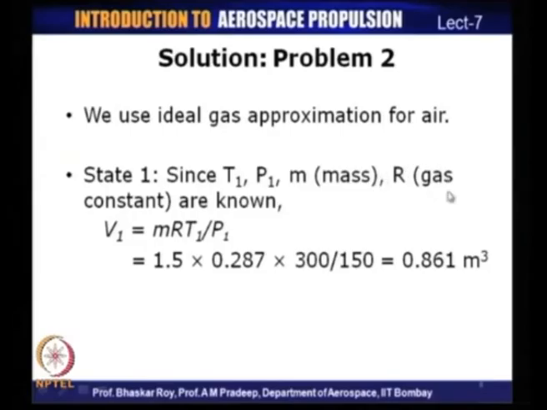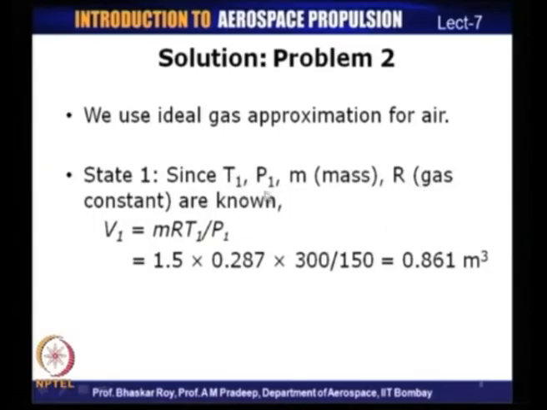The gas constant for air is the universal gas constant divided by the average molecular weight of air, that is 8.314 kilojoules per kilomole Kelvin divided by 29. If you calculate that, you get 0.287 kilojoules per kilogram Kelvin.